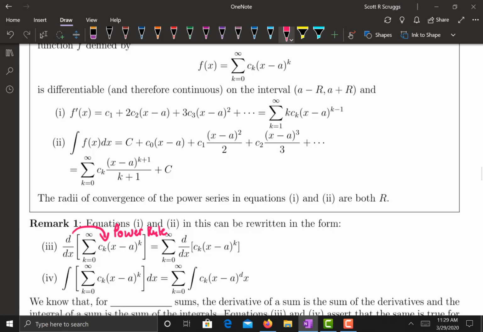for each term by term. So that means when I take the derivative of f of x, which is the sum of now the derivative of each of my terms, now what I'm going to have is, for term by term, do power rule here.